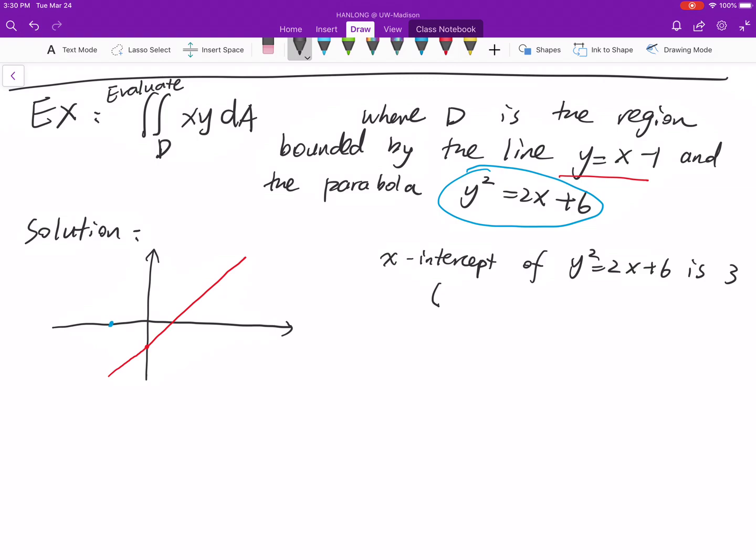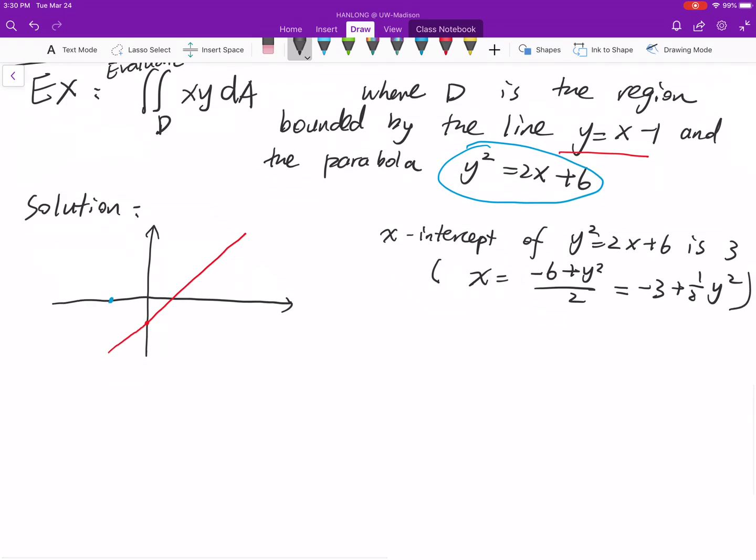This is because if you solve for x, it is minus 6 plus y squared over 2, or minus 3 plus 1/2 y squared.